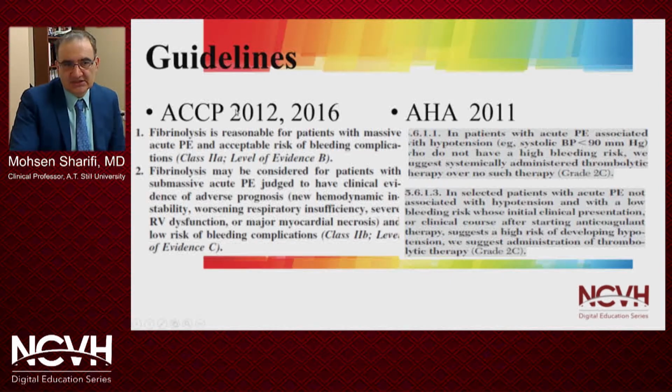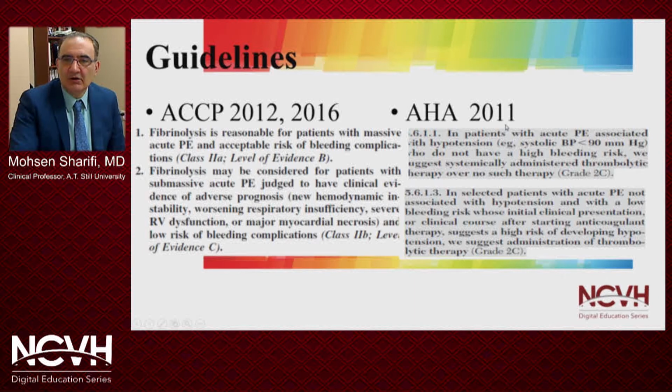If you look at the US guidelines, we are still behind, and I anticipate that in the near future, these guidelines would also change. If you look at the American College of Chest Physicians, both in 2012 and 2016, class 2A indication is given for massive pulmonary embolism, and class 2B indication for submassive embolism when there is evidence of RV dysfunction and myocardial necrosis.